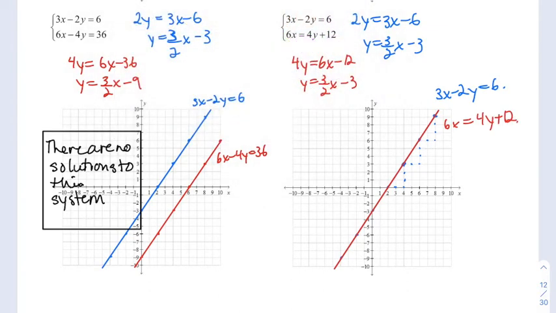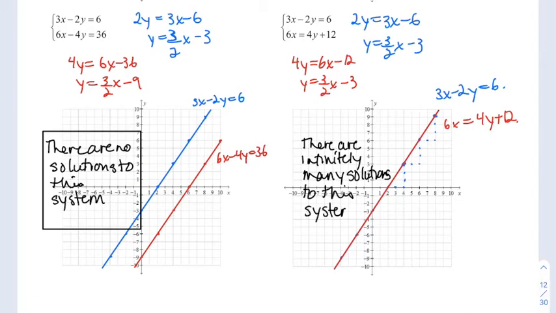Okay, so when I have infinitely many solutions, there are infinitely many solutions to this system, right? What I need to also do is give 3 examples. In this case, I can't just pick random x and y values.